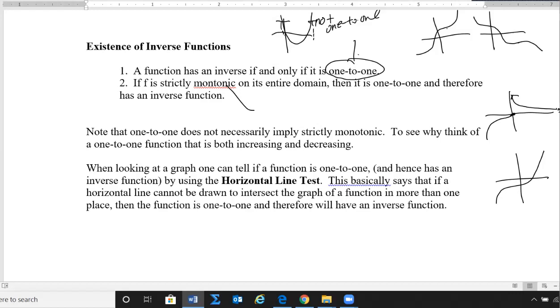And I just mentioned a note here that if it's 1-to-1, that doesn't mean necessarily that it's strictly monotonic. I've got a couple of examples. An example over here, this one, shows a function that is 1-to-1.